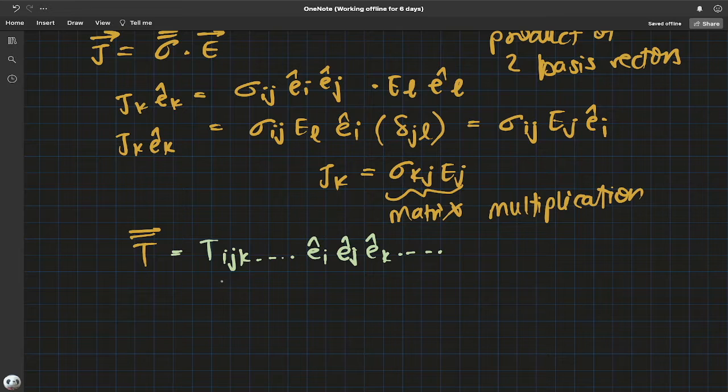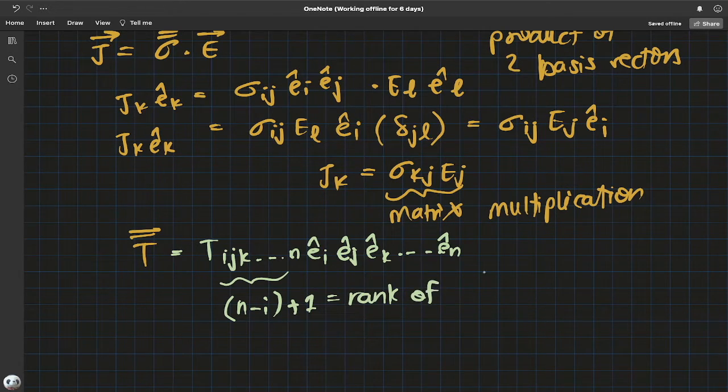Suppose this ends at n. So the number of these guys, n minus i plus 1, is the rank of tensor T.